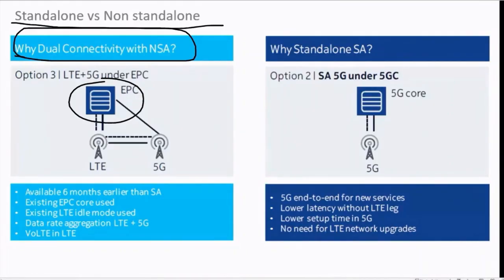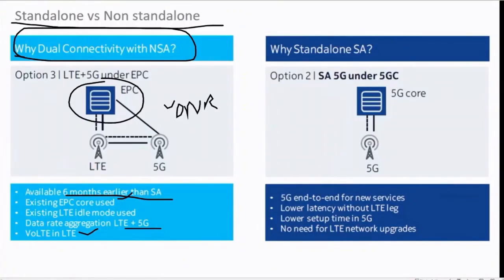These are the various advantages: it is available 6 months earlier than the standalone mode. We can use the existing EPC, and data rate can be aggregated between LTE and 5G, and we can take the advantage of VoLTE, right? At this moment, you may have heard of this term called VoNR, voice over new radio. Right now, it is not in use, so we can take the advantage of VoLTE in case of this NSA mode.